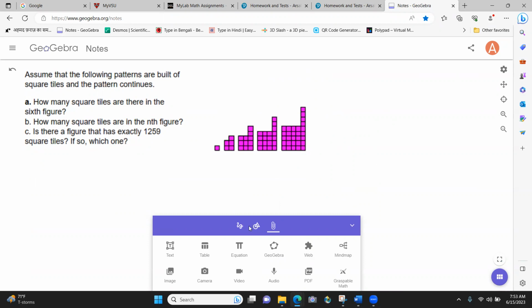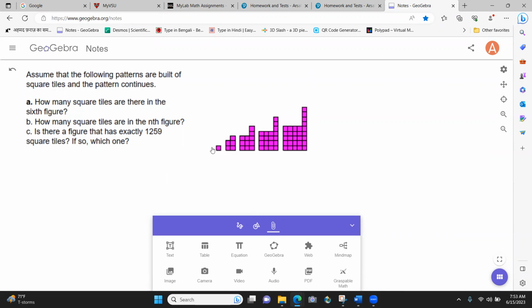The way I see it, each shape is a square plus a tail. This is the tail. This is the tail. This is the tail. So each shape is nothing more than a square and a tail. Now you might say the first one doesn't have a tail. I'll say it has a tail that's 0 units long.